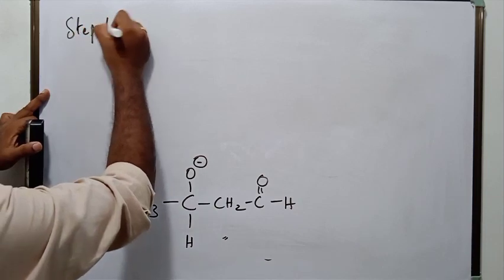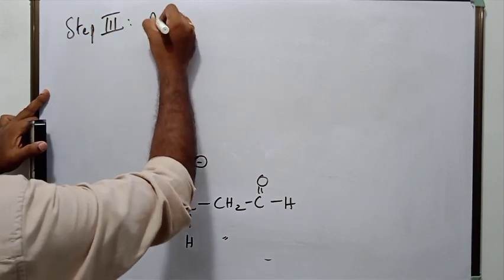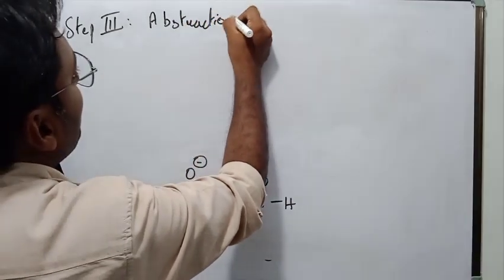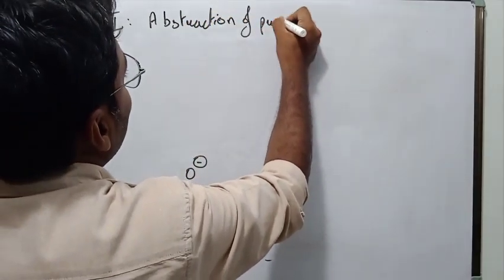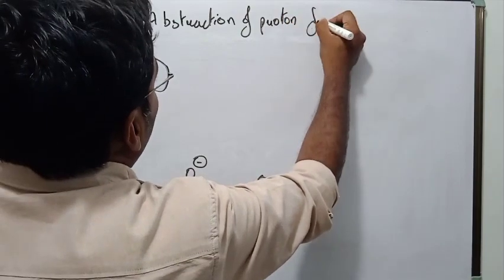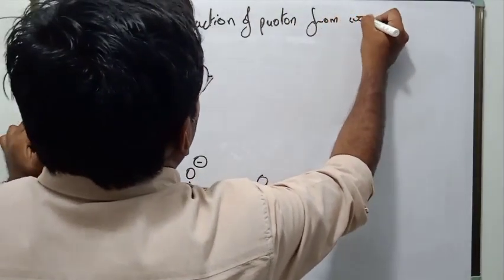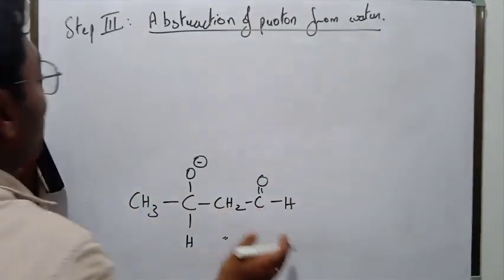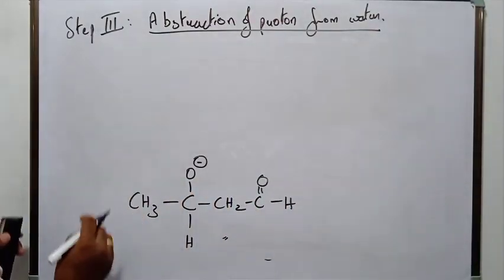Step number 3 is abstraction of proton from what? From water. Water, where was it formed? In step 1, right? When enolate ion was formed, water was eliminated as a simple molecule.